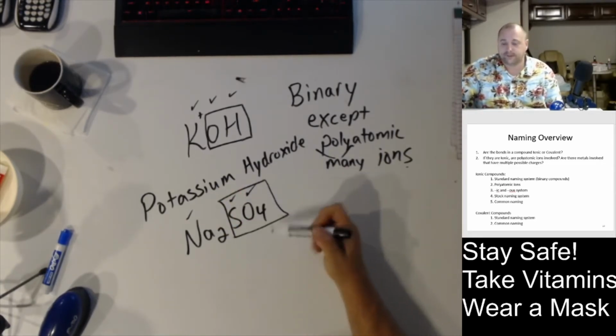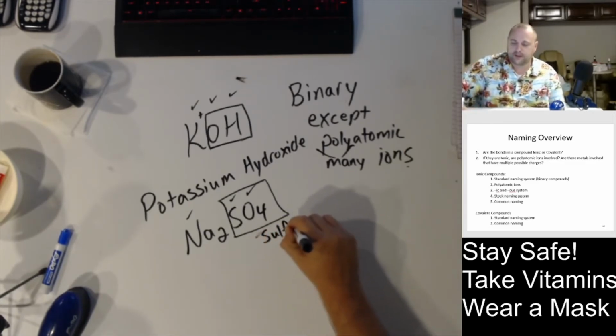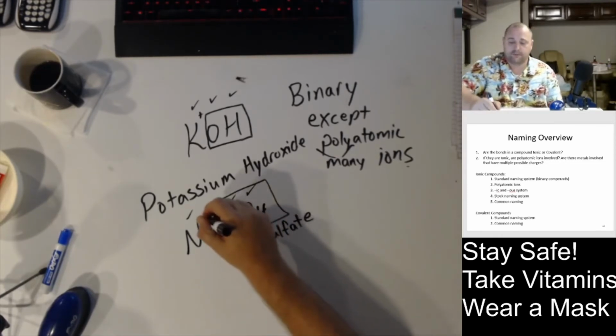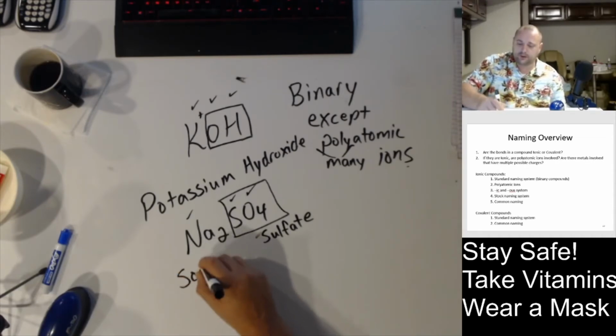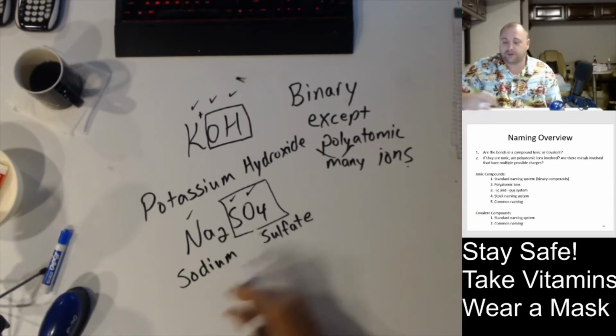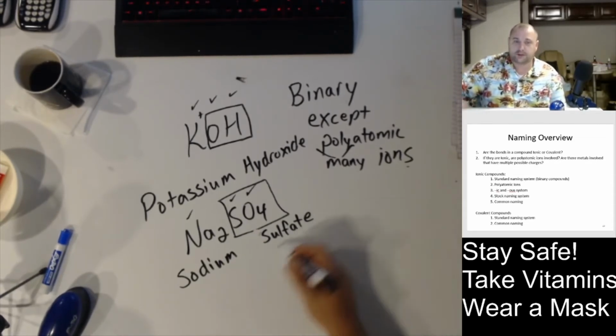That's all one piece, and that is sulfate. It has a -2 charge. Now, my sodiums have a +1 charge. So that means my name on this needs to be sodium sulfate. The sodium has to come first. Sodium sulfate, though, make sure you don't change this.